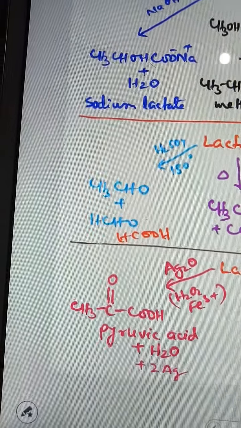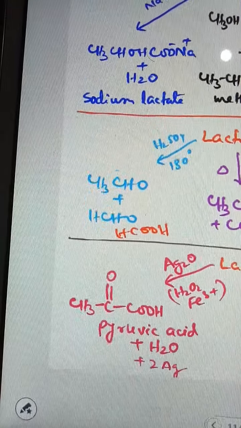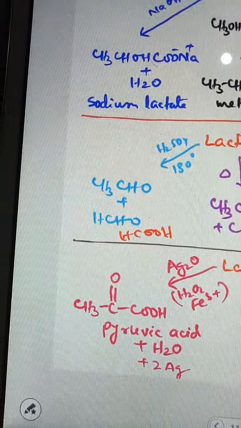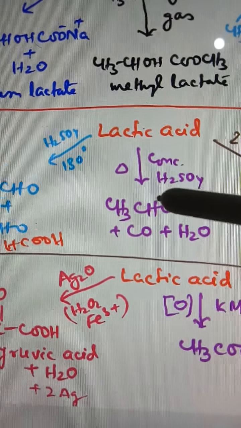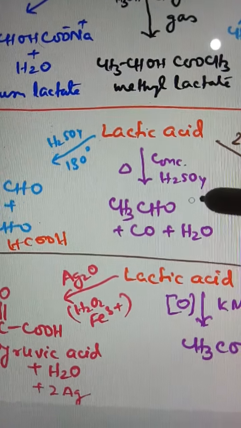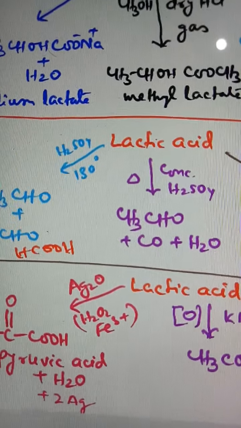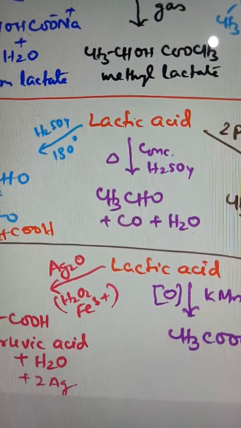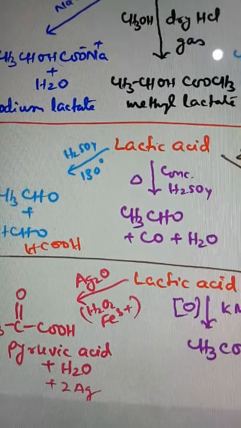Again, if lactic acid decomposes in the presence of concentrated sulfuric acid, it gives acetaldehyde, CH3CHO. Now the action of PCl5 on lactic acid: you will get lactyl chloride. This is lactyl chloride.